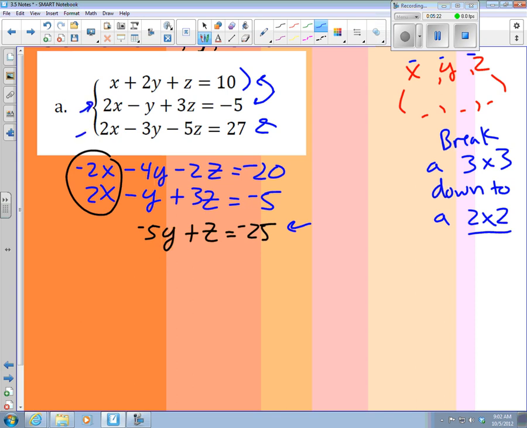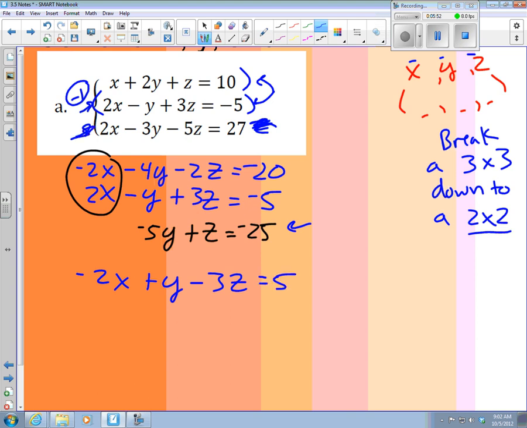Now if you look at this, this is 2x and this is 2x. I could basically just take this second equation, multiply it by -1, and add it to the third equation here, and eliminate the x's. The main thing is you can't use the same two equations you did the first time. So multiplying this -1 through the second equation, I get -2x plus y minus 3z equals 5.